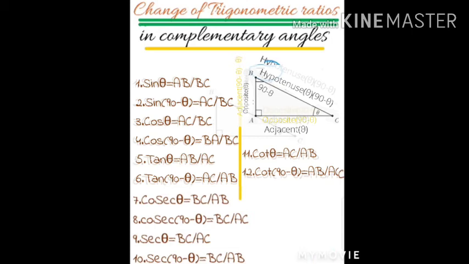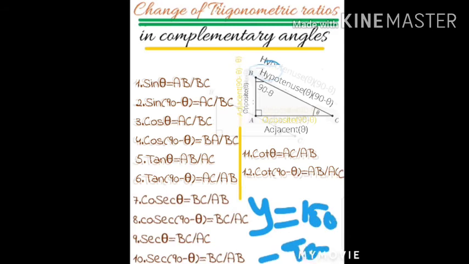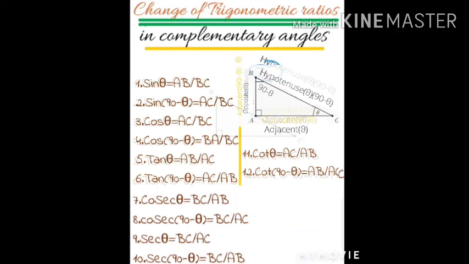So according to this, if we take 90 degree and theta to the RHS, we will get y is equal to 180 minus 90 minus theta. So if we calculate 180 minus 90, we will be getting 90. So we will get y is equal to 90 minus theta. So now we can say that angle B is equal to 90 minus theta.